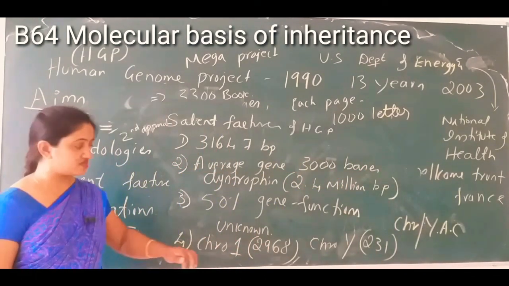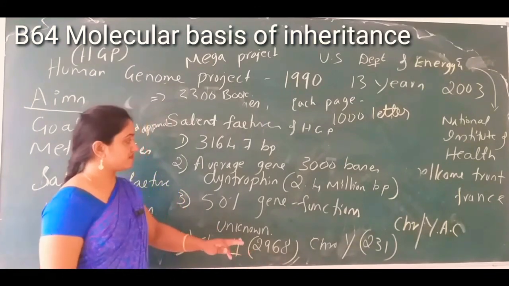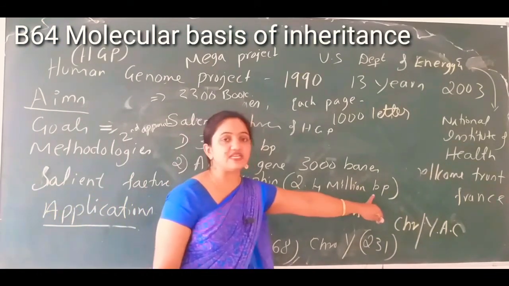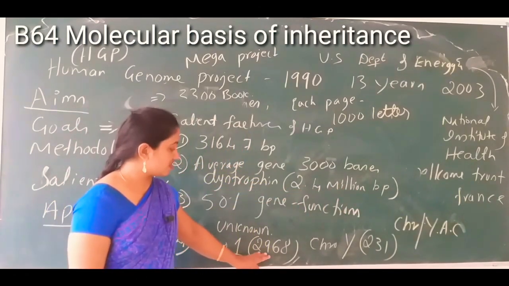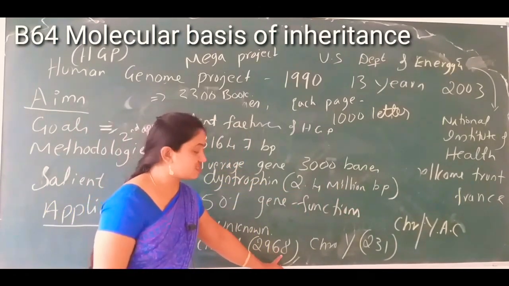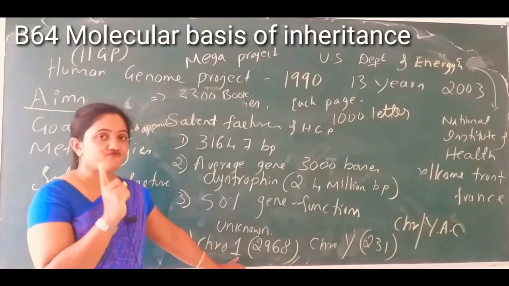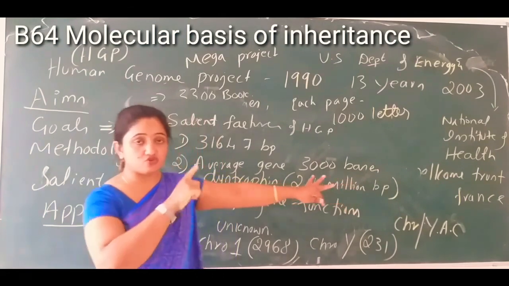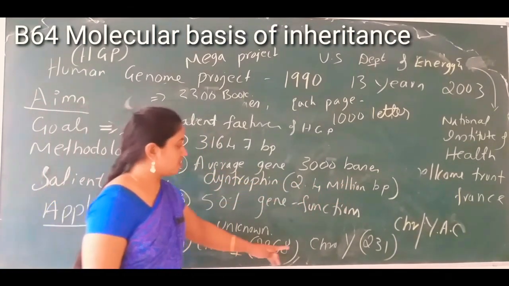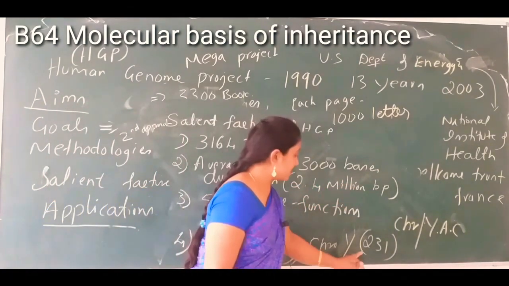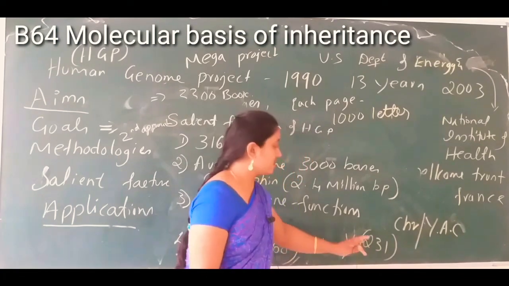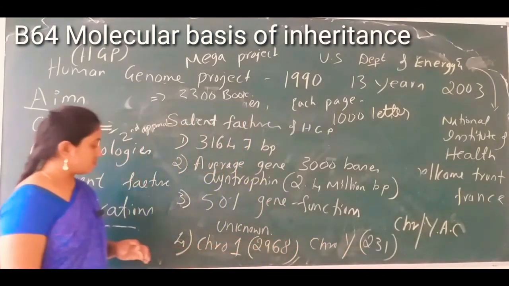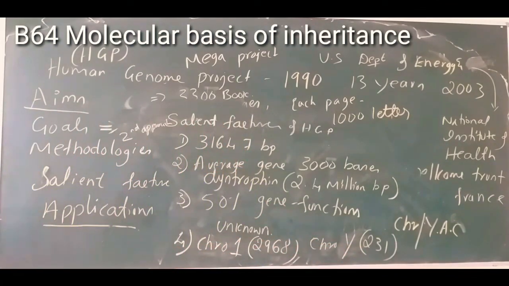Genes are mentioned here, not the base pairs. Here I mentioned 2.4 million base pairs, and here I am mentioning 2968 genes. An average gene consists of 3000 bases. Don't get confused with all these. Chromosome Y consists of the least number of genes.